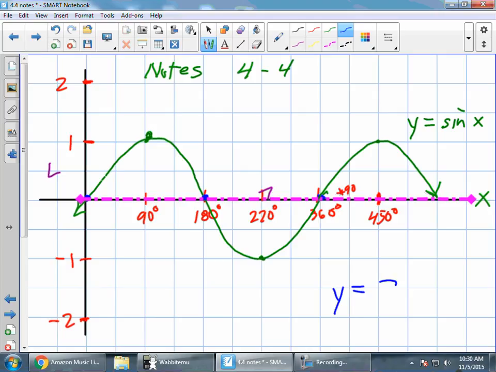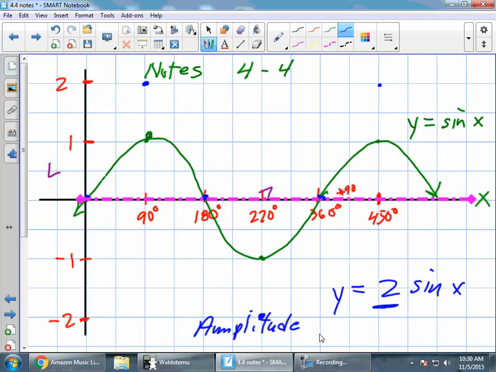Okay, so we talked about y equals 2 sine x. And in the warm-up, we talked about how this 2 controls amplitude. So now instead of a local max of 1, we're at a local max of 2. We still have our root at 180, and then we go down to the negative amplitude, and then back up.